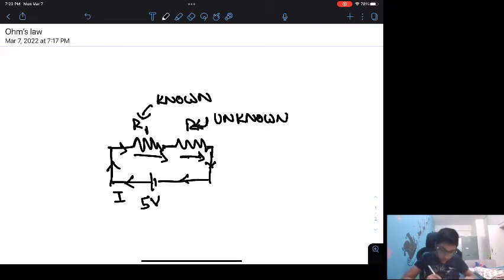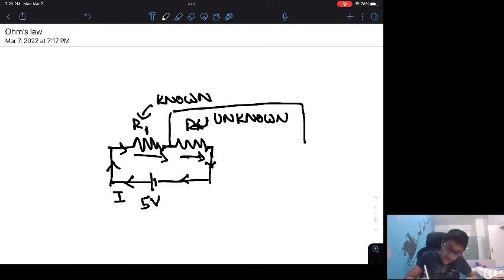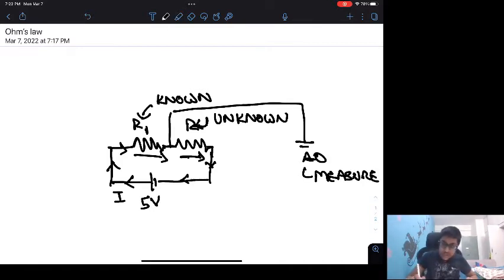We're going to create something called a voltage divider between these resistors. We're going to drag another wire to analog pin 0 on our Arduino. This is going to measure the potential difference across the resistor R, our unknown resistor. So that is essentially what's going to happen.